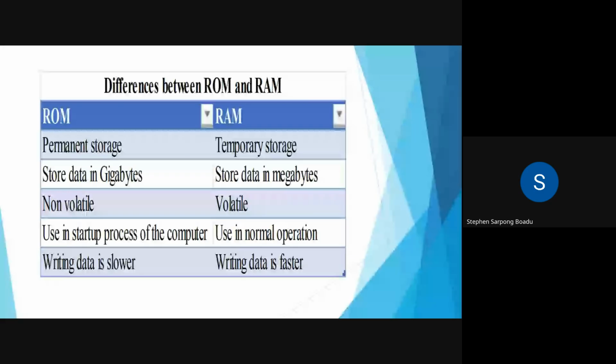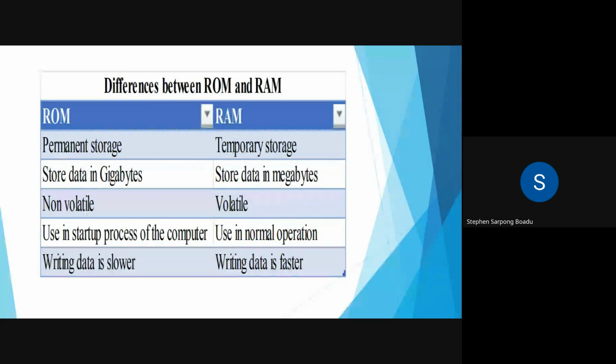All right, so let's look at some differences between the ROM and the RAM, right? So, like I said, the ROM is permanent storage. It stores data permanently. The RAM is temporary storage. It stores data for a while while the PC is working on the data. It stores it in the RAM.